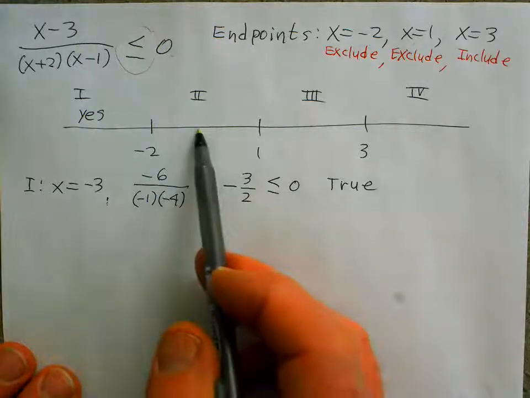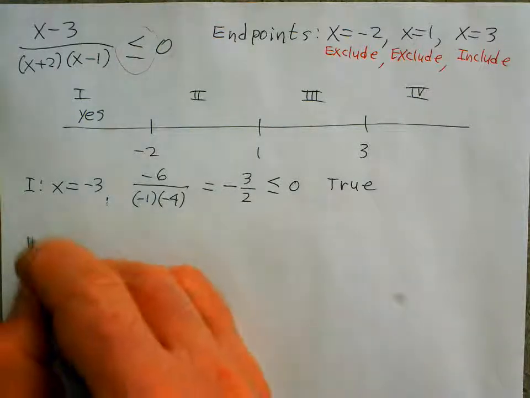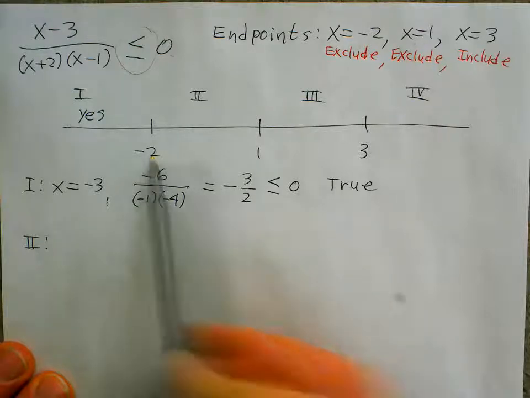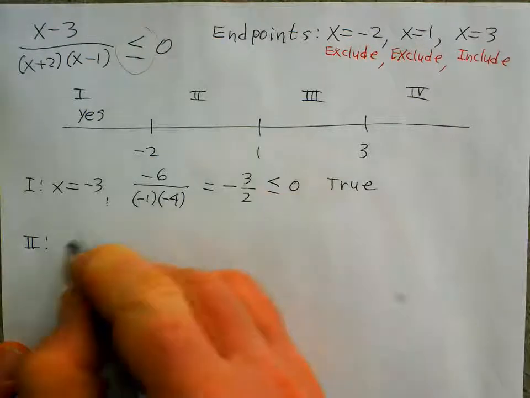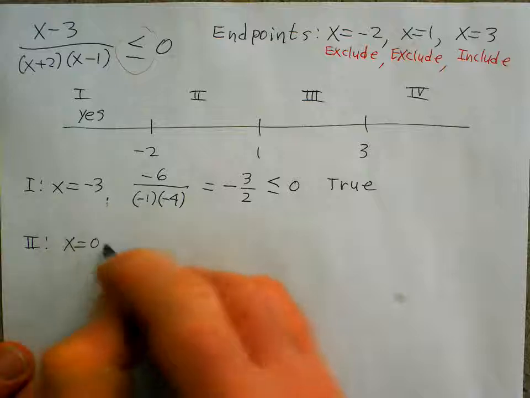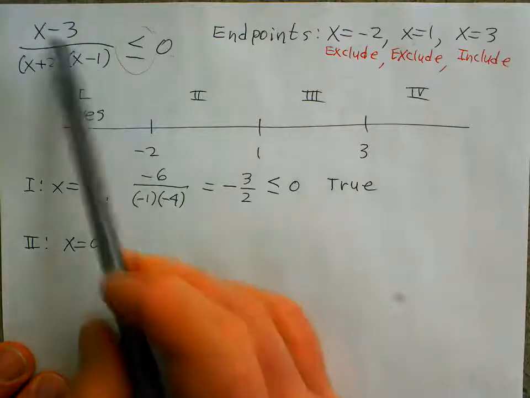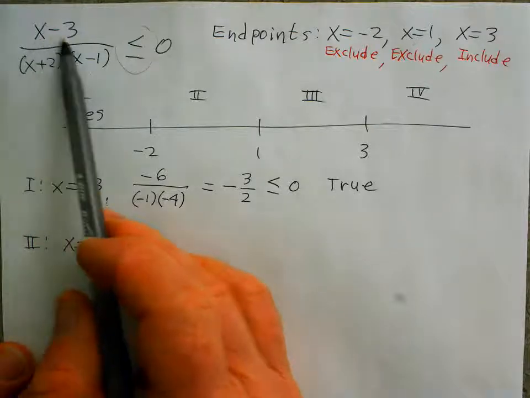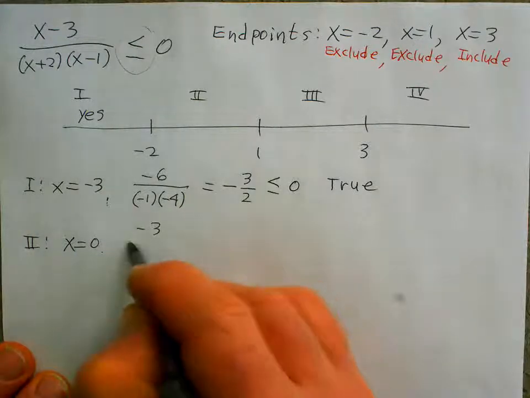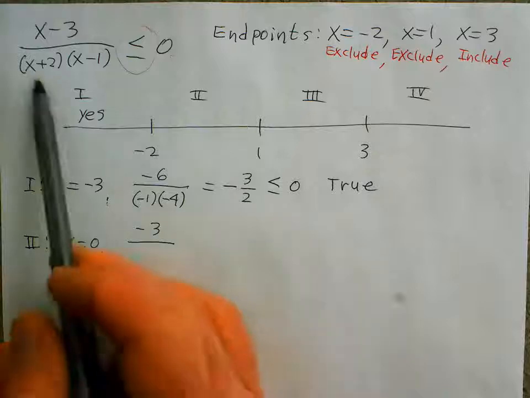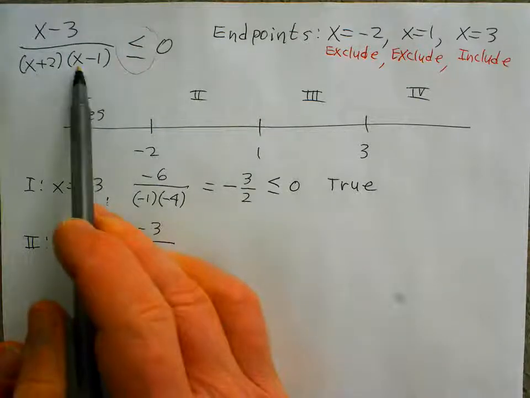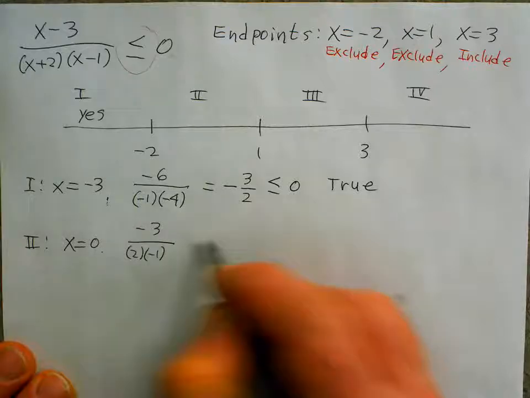In the second interval, pick any number you want between -2 and 1. I'll pick 0. Replace every x with 0. In the numerator, 0 minus 3 is -3. In the denominator, 0 plus 2 is 2, and 0 minus 1 is -1.